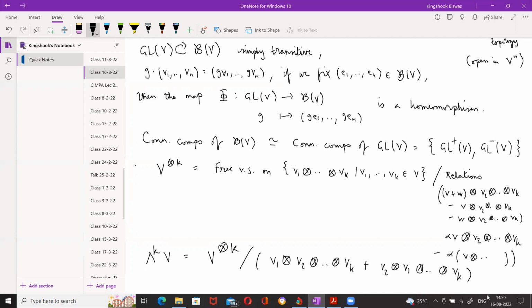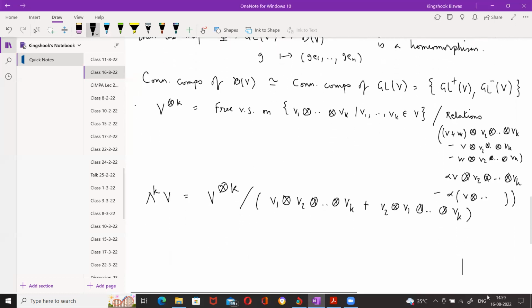So you quotient by these sorts of sums. Is it clear? So the wedge is normally a quotient of the tensor product. But in the special case where instead of V, I'm looking at a dual space, right? So then V dual tensor power k.